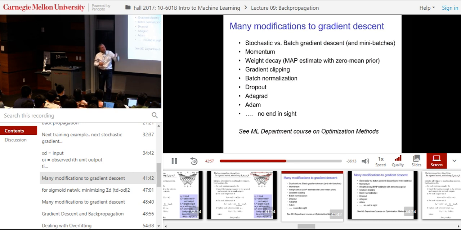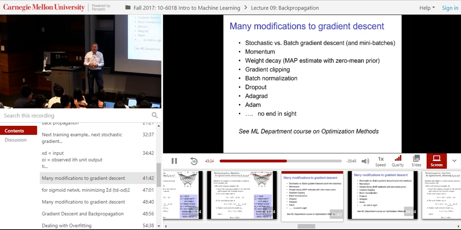Also, many people use mini batches. That is, if they have 100,000 training examples, they don't necessarily compute the gradient from just one of them. They might use mini batches of size 10 or size 100. So there's a whole spectrum on that trade-off between cheap computations of approximate gradient versus expensive computation of correct gradient.